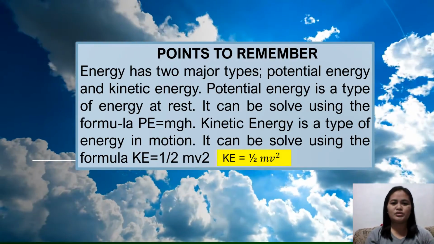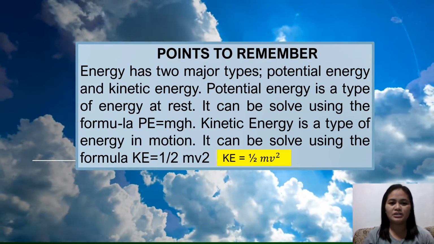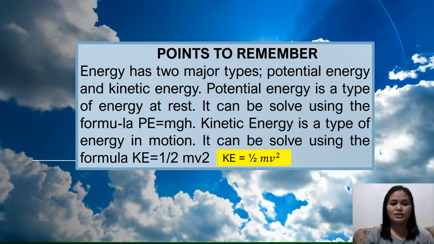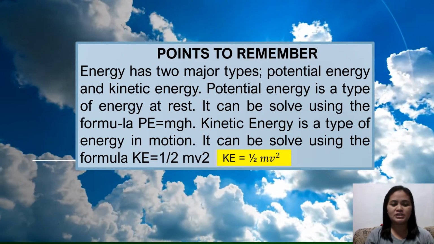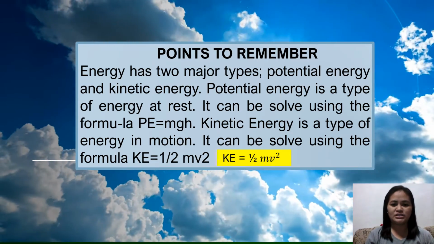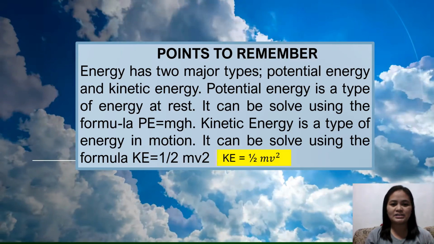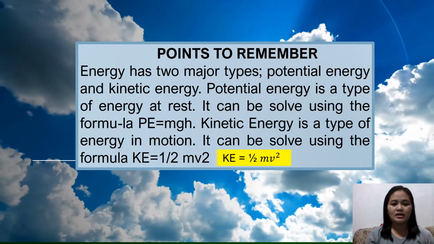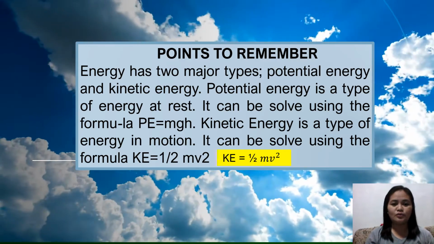Here are the points to remember that you could also read in your activity sheets. Energy has two major types: potential energy and kinetic energy. Potential energy is a type of energy at rest. When we say at rest, the object is not moving.